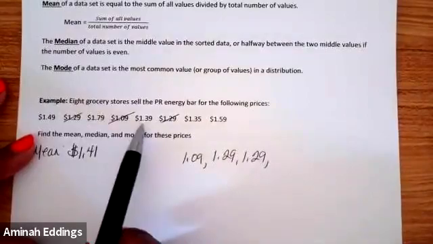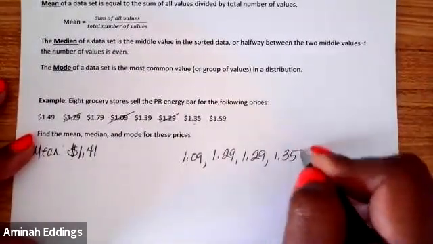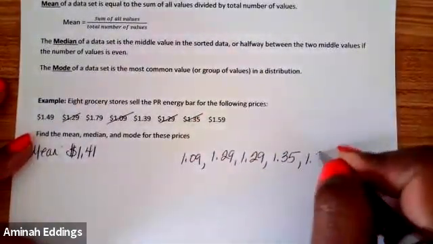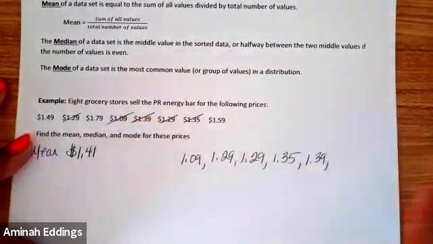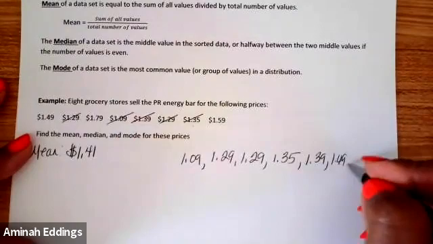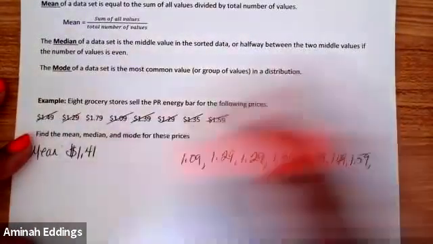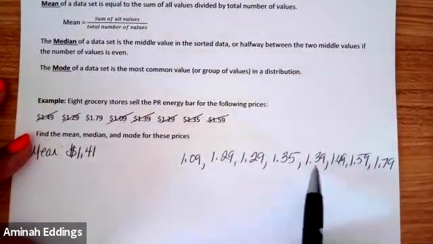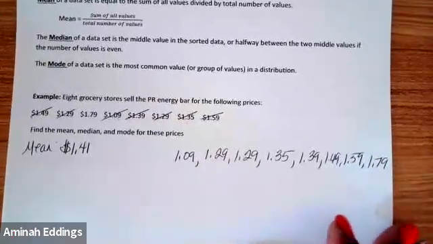Then 1.35, then 1.39, $1.49, $1.59, and then $1.79. Okay, 1, 2, 3, 4, 5, 6, 7, 8. I always just double check to make sure I haven't forgotten anything.